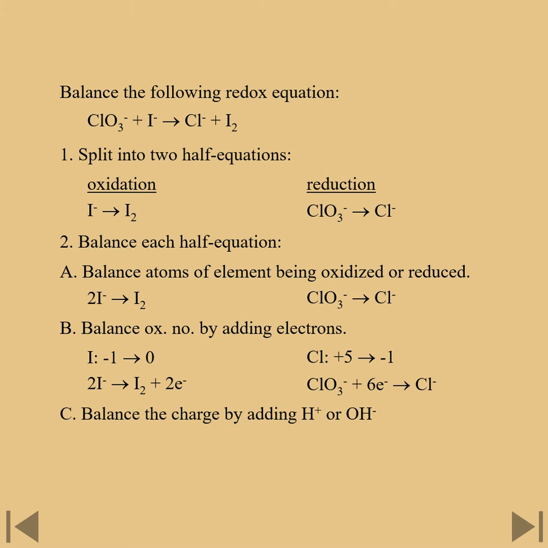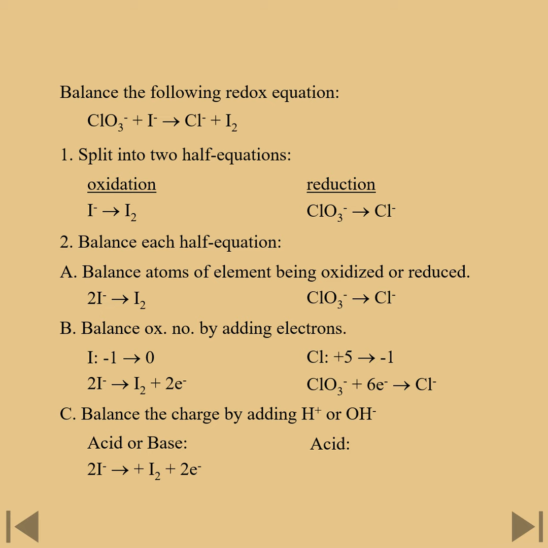Okay, step 2C is to now add hydrogen ions in an acid or hydroxide ions in a base in order to balance the charge. And I would point out that for the oxidation half reaction, we have 2 negatives on the left and 2 negatives on the right, so that's already charge balanced. But for the reduction half reaction, I count 7 negatives on the left and 1 negative on the right.